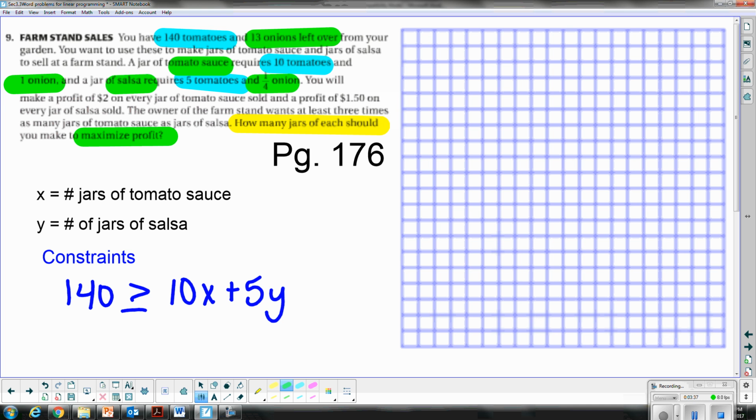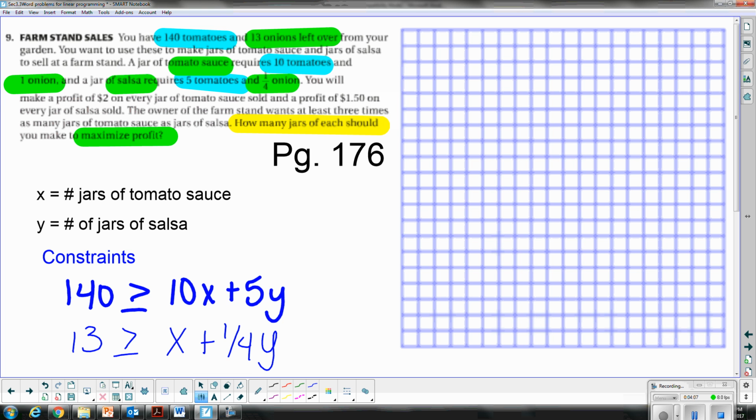So let's write a constraint dealing with our onions. We have 13 onions total. 13 has to be greater than or equal to 1x plus 1/4 y. That's saying the total onions we use for salsa and tomato sauce has to be less than or equal to 13.